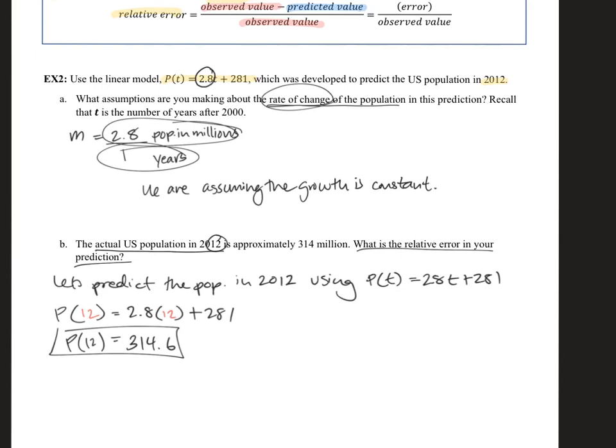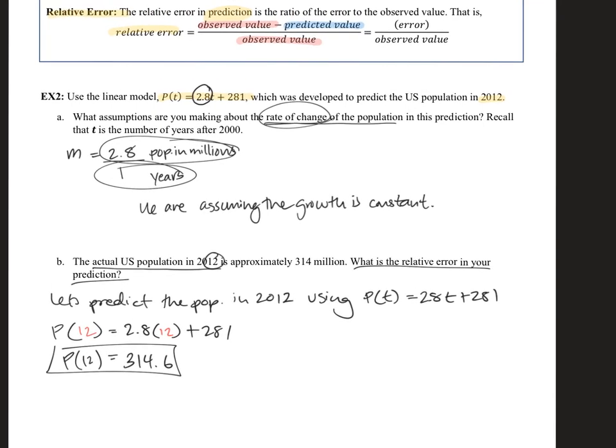So to figure out the error that we had, we're going to go ahead and use the formula above. We're going to take the observed value, which was 314 million, and subtract from it the predicted value, which we had was 314.6.